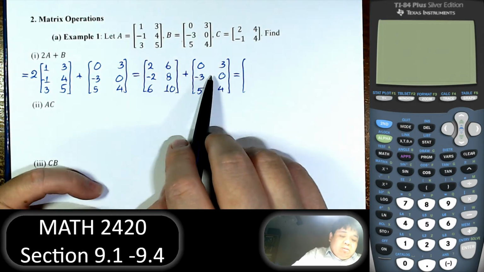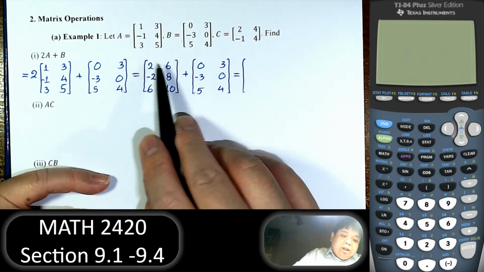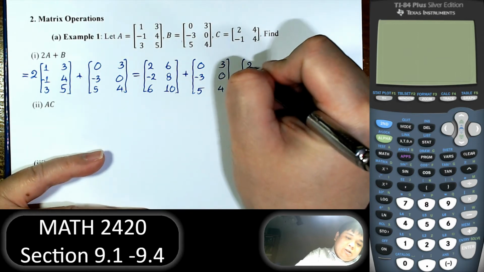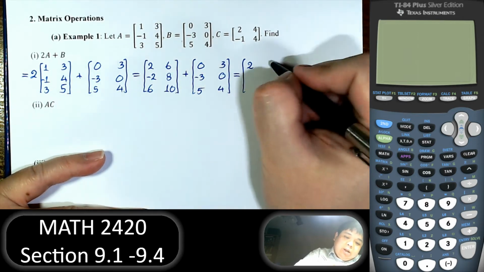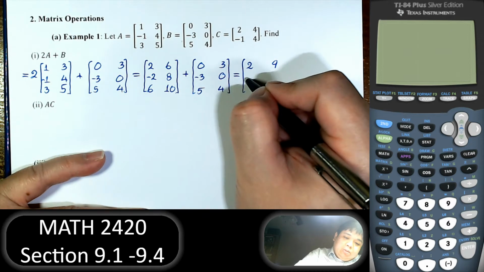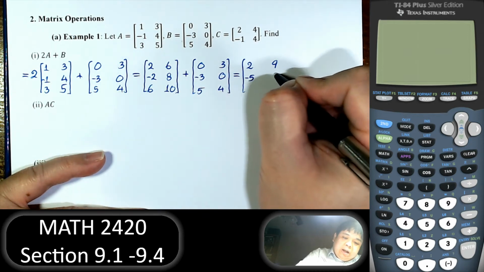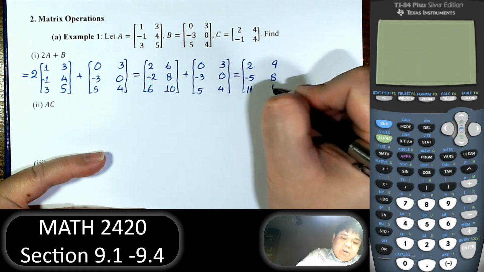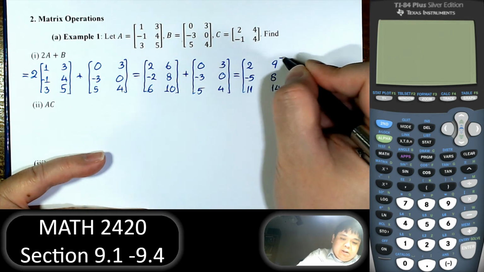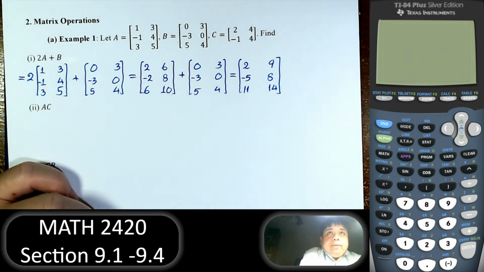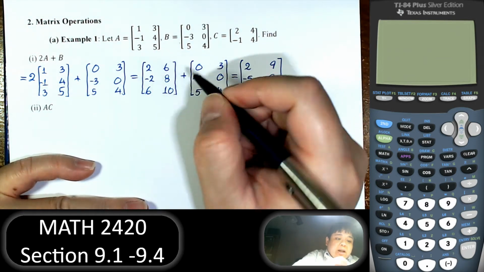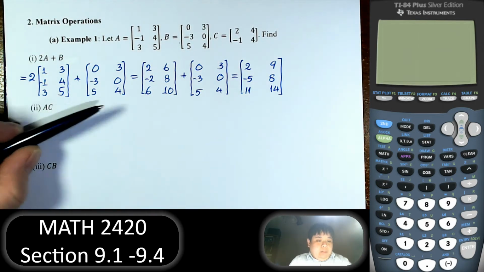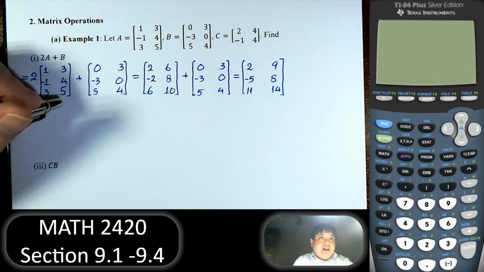When we add them, just add the corresponding entries. 2 plus 0, 6 plus 3, negative 2 minus 3, 8, 6 and 5, 10 and 4. Right. So that is where we add. Of course, subtract will be the same thing, or multiply the numbers to it.